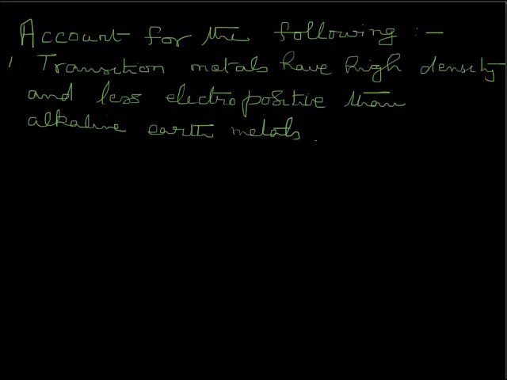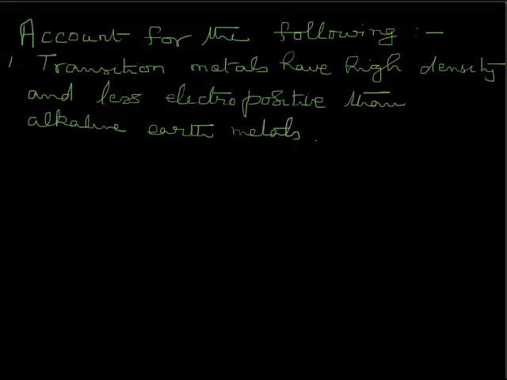Now for explaining the higher density of the transition metals compared to the alkaline earth metals, you have to recall that the transition metals have large number of valence electrons, considering the electrons in the ns and (n-1)d orbitals. Due to larger number of valence electrons, the interatomic attraction in transition metals is high. This we already saw in connection with the high enthalpies of atomization of transition metals.